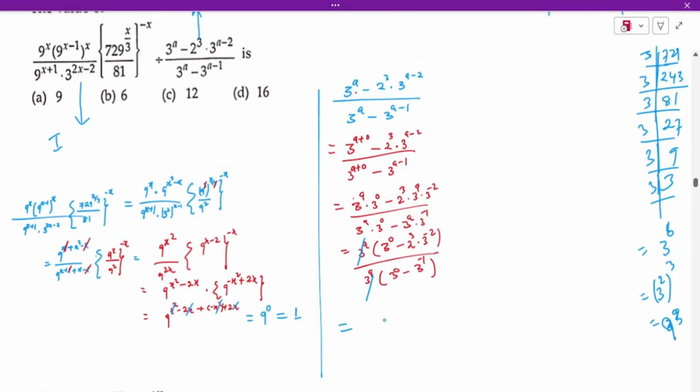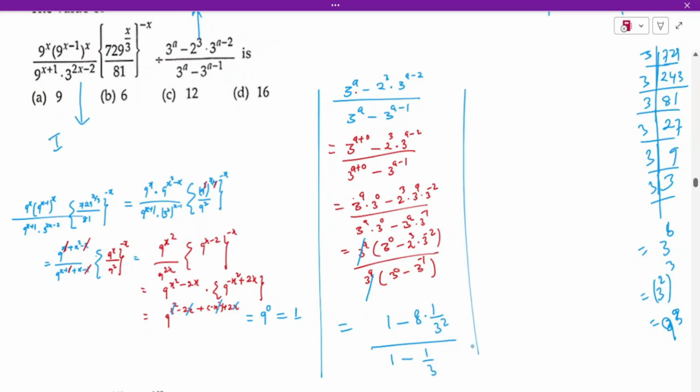So upon simplification, we'll get this as: 3 to power 0 means any base raised to power 0, except base 0, is 1. So 3 power 0 is 1, minus 2 to the power of 3, which is 8. And 3 to power minus 2 means 1 by 3 to power 2, divided by 1 minus 3 to power minus 1, which is 1 by 3, right?